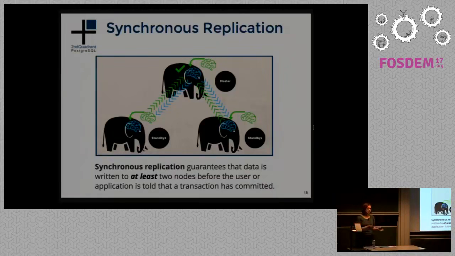But we can force PostgreSQL to do synchronous replication as well by configuring the synchronous_commit parameter. Here, as you can see, you can force your data to be written to at least two nodes before you send the committed message to your application or client. So you can be sure that it is safer.